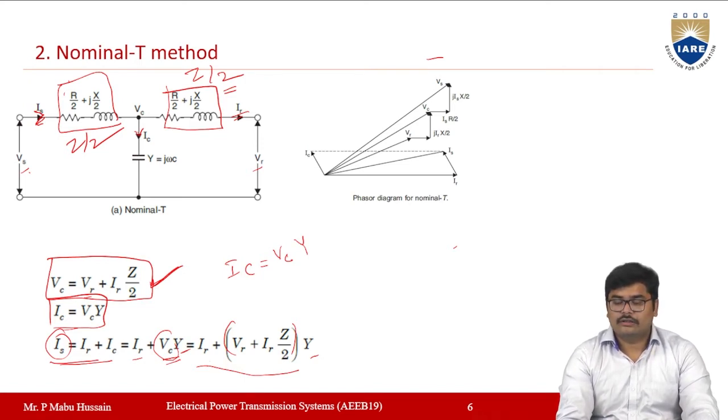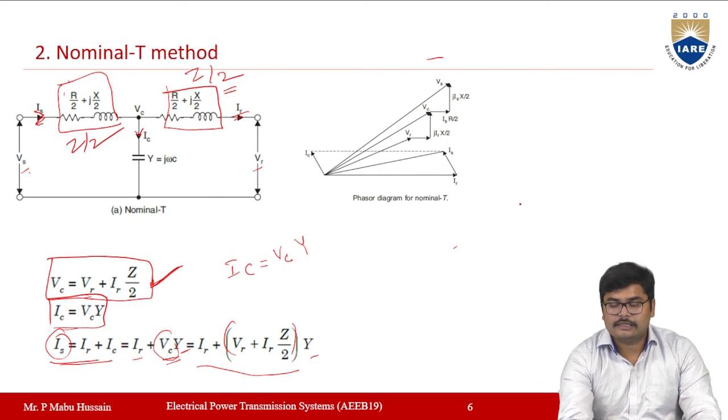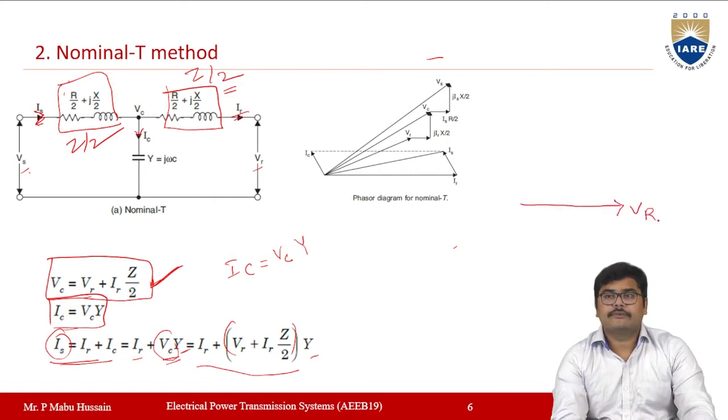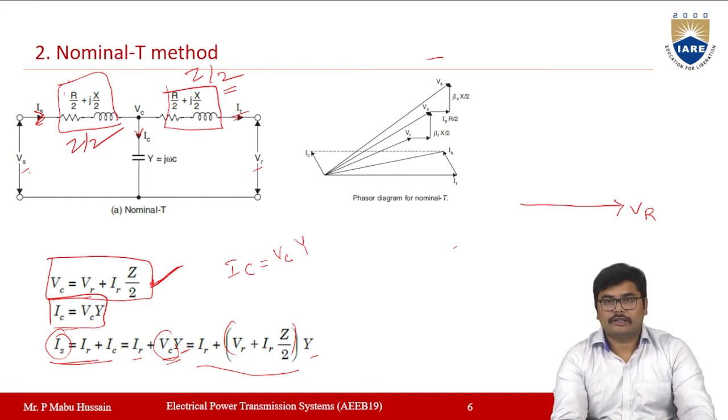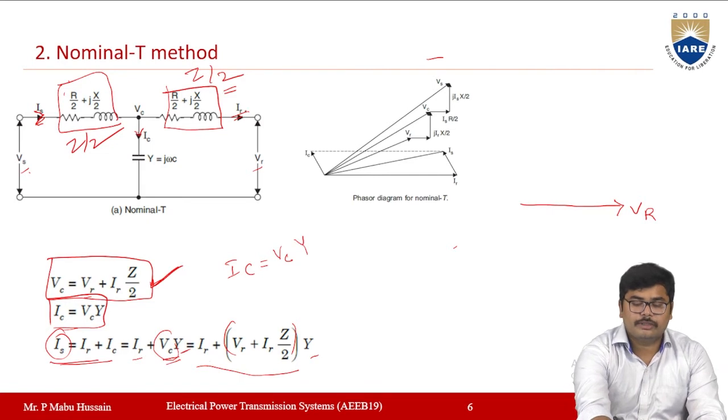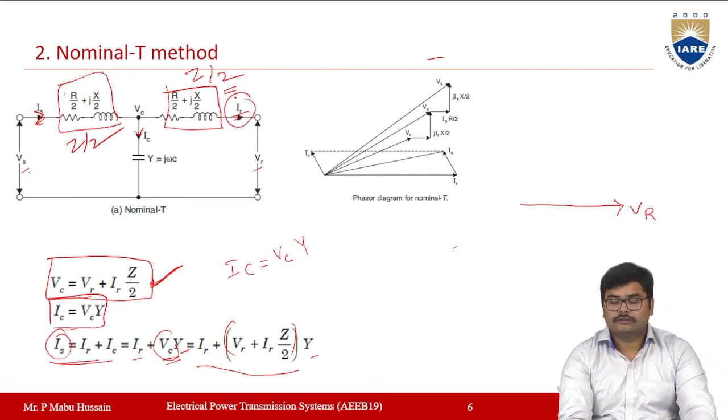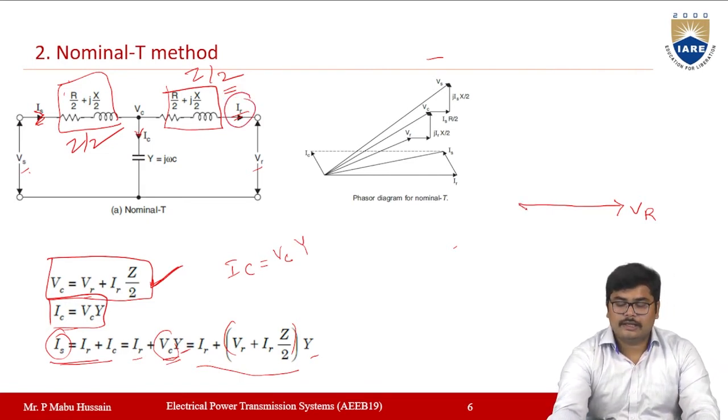So here also you can take the reference as VR. So I'm taking VR as my reference. Generally the loads will be inductive loads, so the current flowing through the load will be IR here. That IR will be lagging the voltage VR by some power factor angle phi R. Okay, so this is IR.